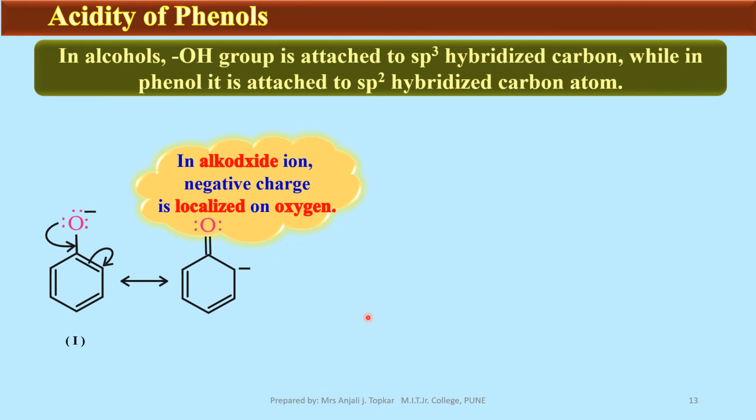As soon as the electron moves here, the electron density here is increased, so this double bond breaks and the electron moves to this carbon atom, as it is shown here, which gives rise to the fourth resonating structure.